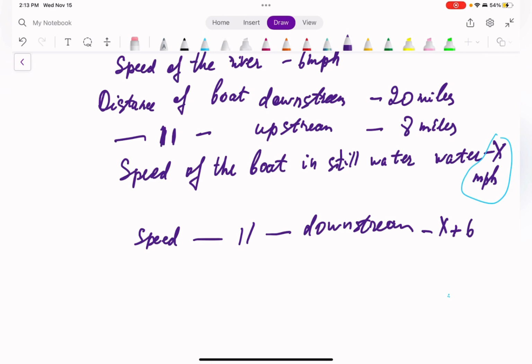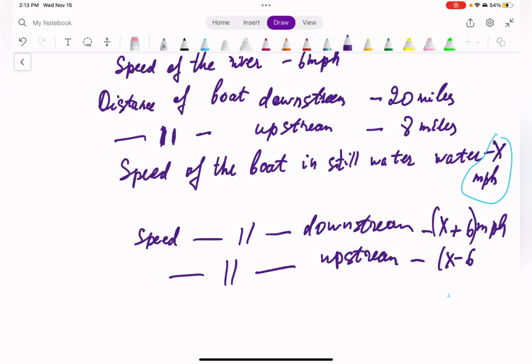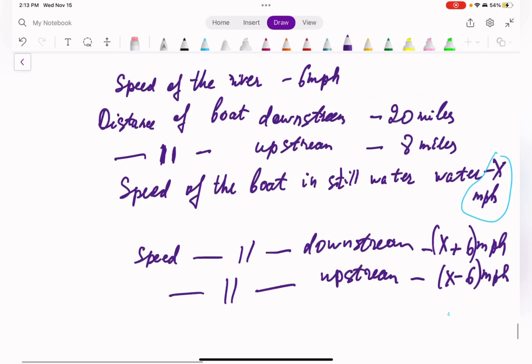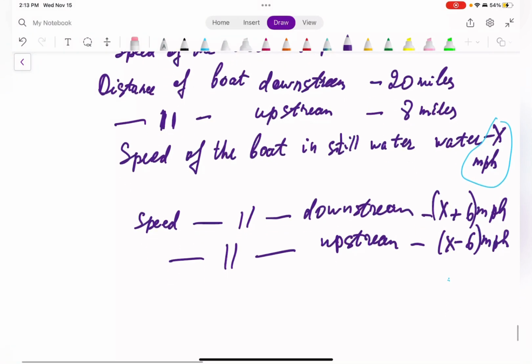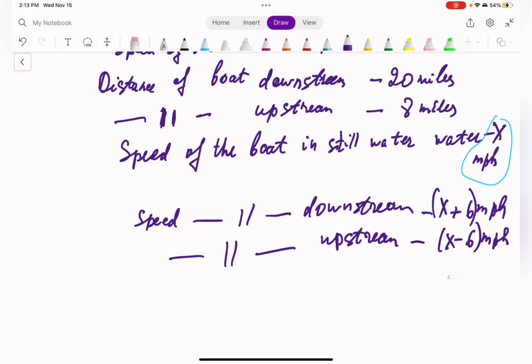The speed of the river is going to help. But upstream, it's going to be x minus 6. We have distance, we have speed. Let's see how much time, and it's going to take practically the same time, right?